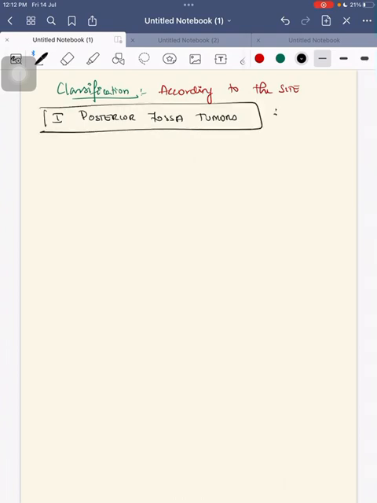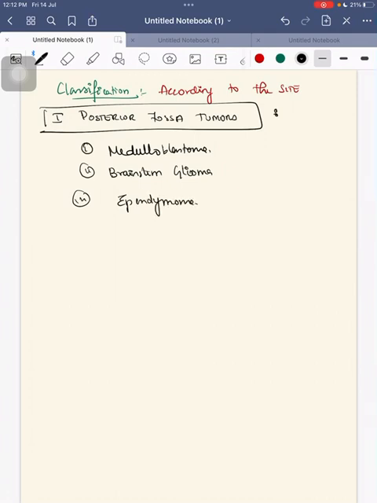The posterior fossa tumors are, first is medulloblastoma, second brainstem glioma, third is ependymoma, fourth is atypical teratoid tumors, and fifth one is cerebellar astrocytoma. These are posterior fossa tumors.